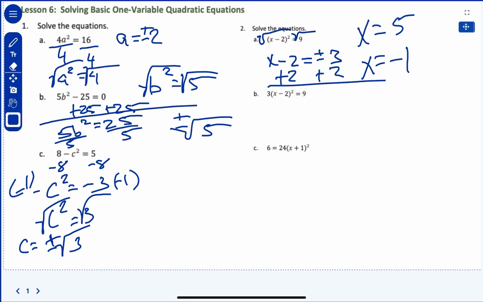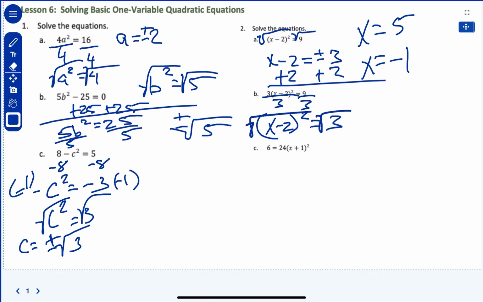Crazy. Now, B, what do you want to do first? Yeah, let's divide by 3. X minus 2 squared equals 3. Now what are you going to do?